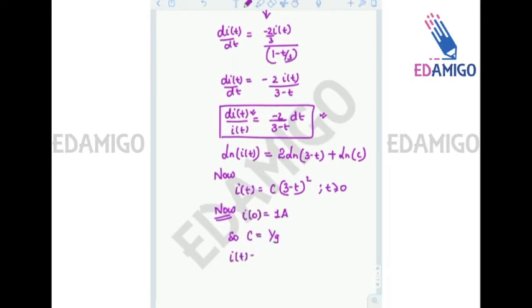So I(t) will be 1 upon 9 times (3 minus t) whole square, and at t equal to 1.5, I(t) will be 1 upon 9 times (3 minus 1.5) whole square, that is 0.25 amperes. So this is the answer, that is 0.25 amperes.